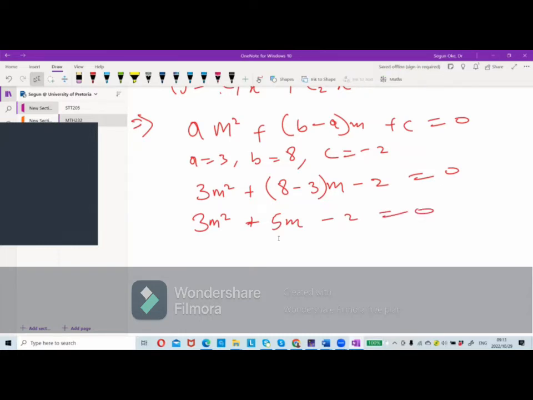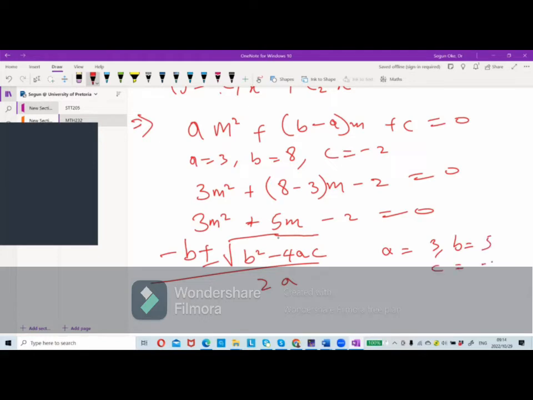Now, at this point, don't deceive yourself. If you cannot factorize, use the general formula. Nobody will crucify you. The general formula is minus b plus or minus square root of b squared minus 4ac, divided by 2a. Use it if you are comfortable with this. In this case, a equals 3, b equals 5, c equals minus 2.